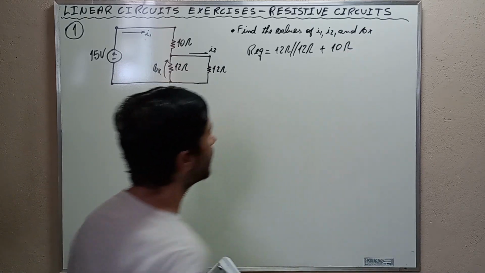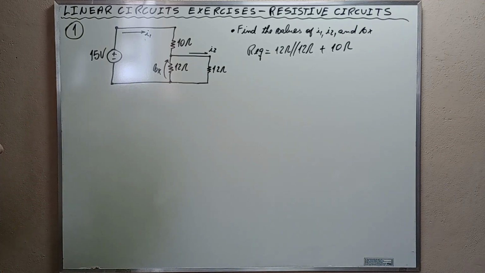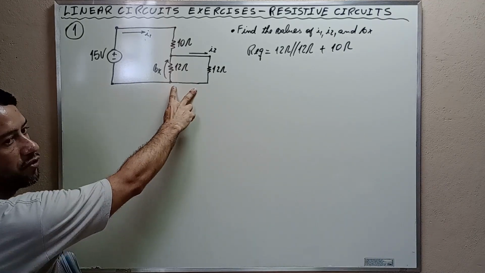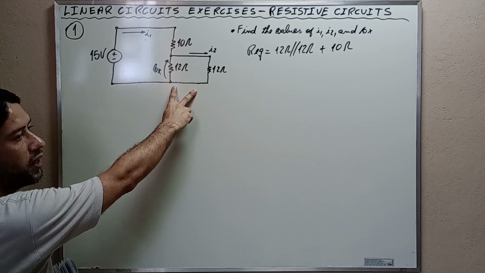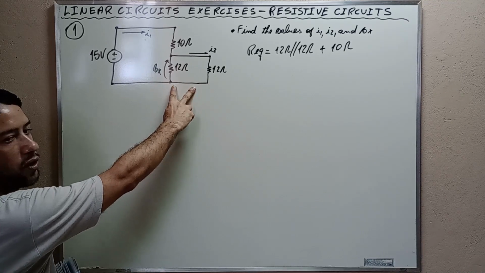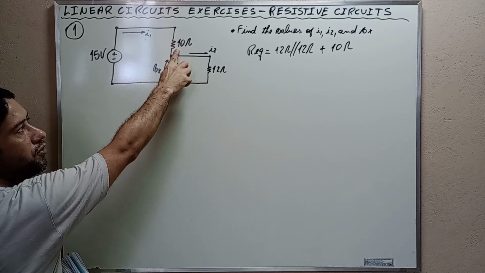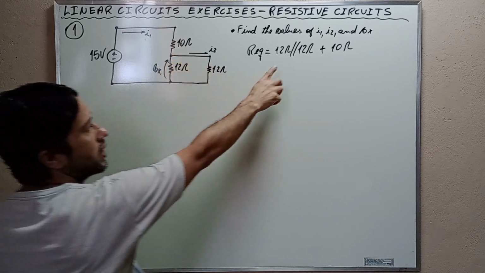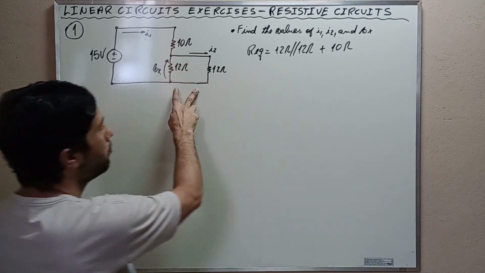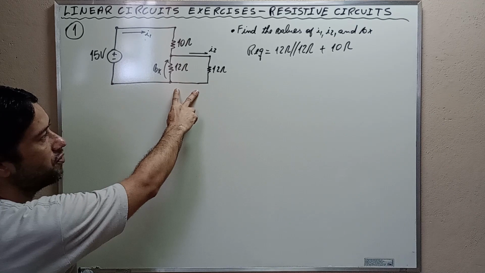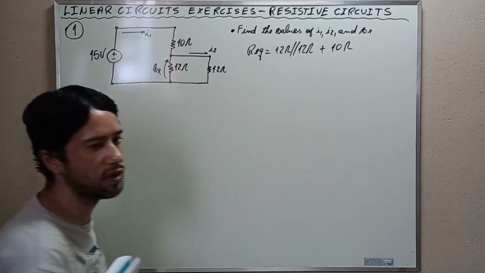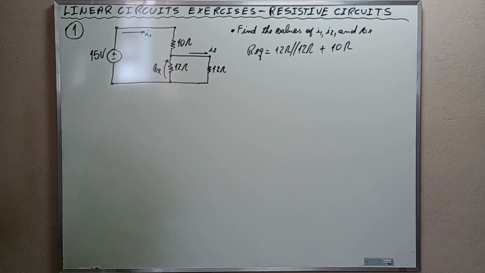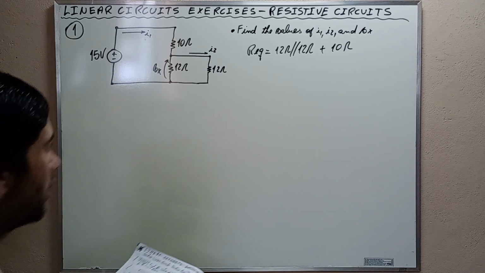Did you understand what I said? We have these two resistances in parallel, and their combination is in series with this. That's why we first calculate the parallel equivalent, and then we add the 10 ohms resistance.